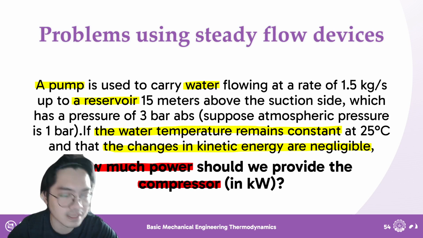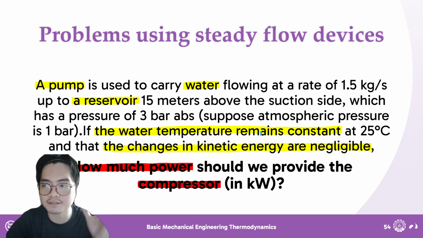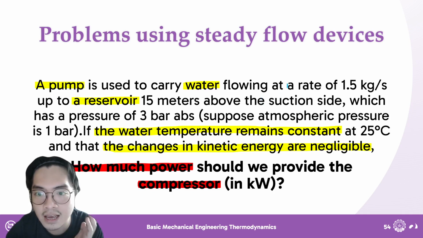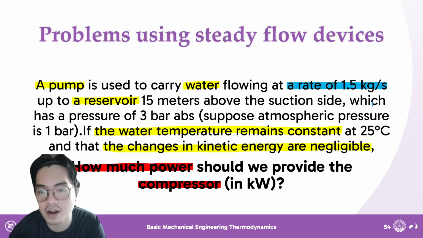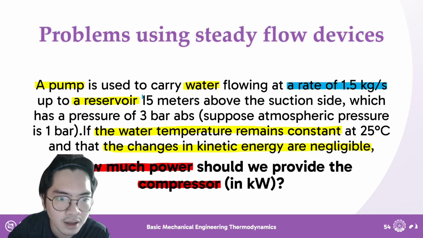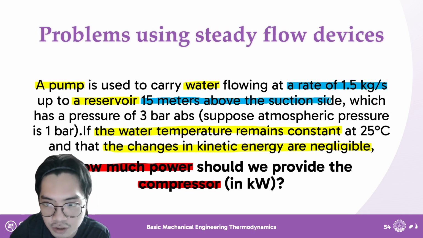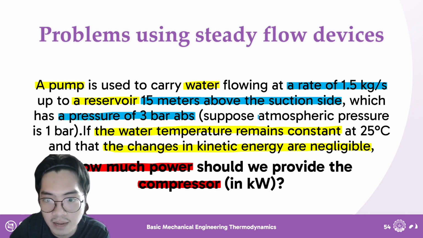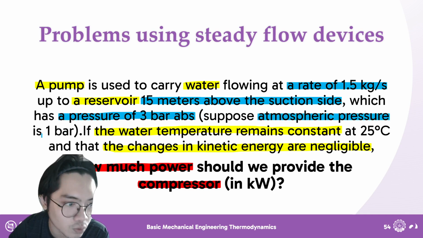And the thing about this now is that this question is sending us different signals. It's sending us mixed signals, right? A rate of 1.5 kilograms per second. I will expound later. 15 meters above the suction side, which is a pressure of 3 bar absolute. Suppose atmospheric pressure is 1 bar.